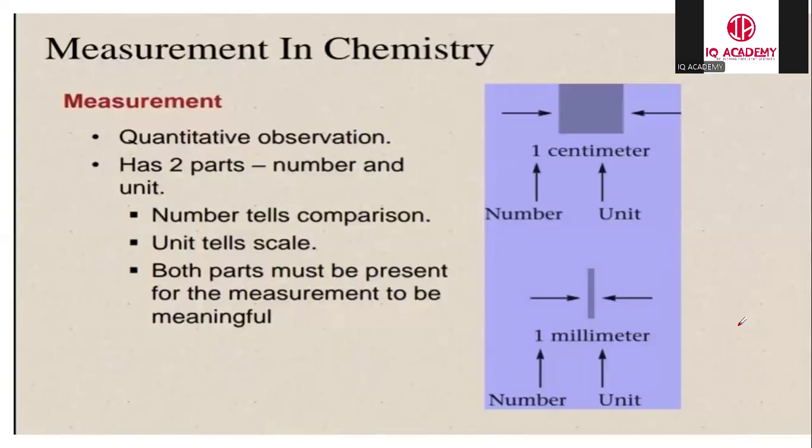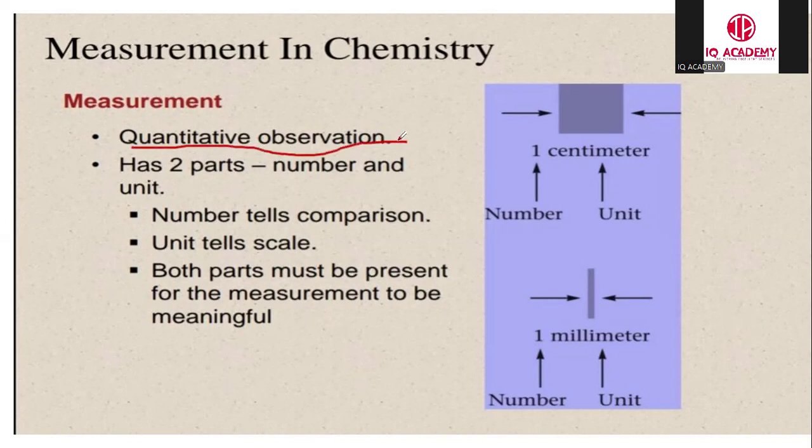So the first thing is we want to define what a measurement is in chemistry. A measurement is simply a quantitative observation, which has mainly two parts.